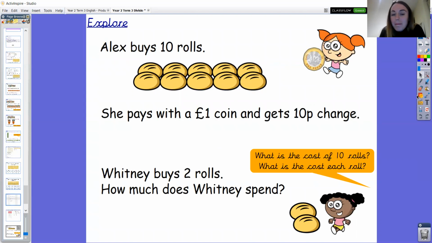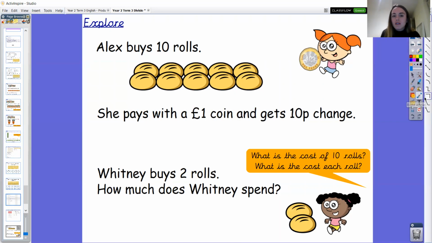So Alex buys 10 rolls. She pays with a £1 coin and gets 10p change. Whitney buys 2 rolls. How much does Whitney spend? Okay, so I'm thinking that there's more than one step to this question. So I'm just going to highlight the key information as I read it again. So Alex buys 10 rolls, and we can see those 10 rolls in this picture here.